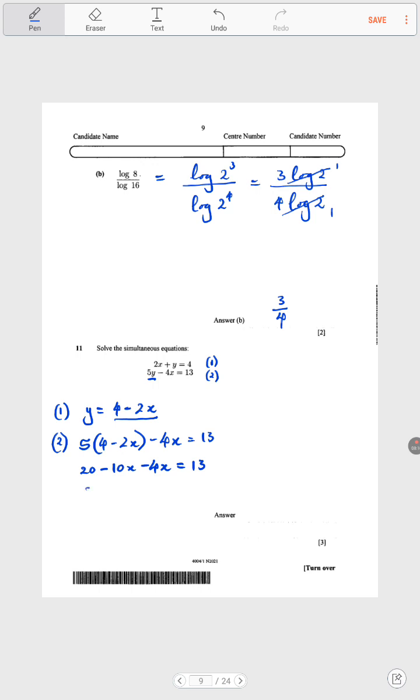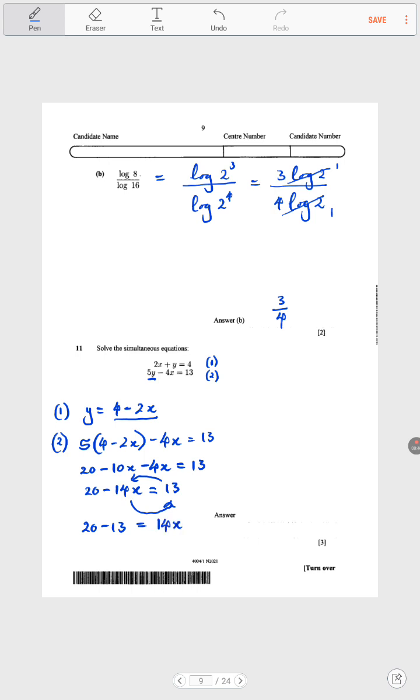And here I'm going to have 20 minus 14x equal to 13. So I can take 14x to that side and 13 to this side. So we have 20 minus 13 equal to 14x.